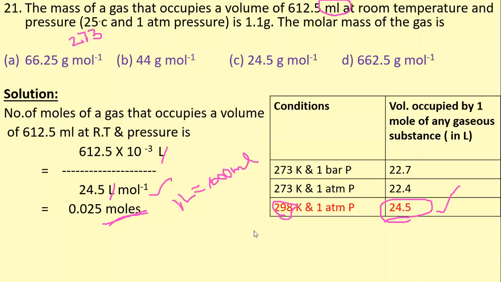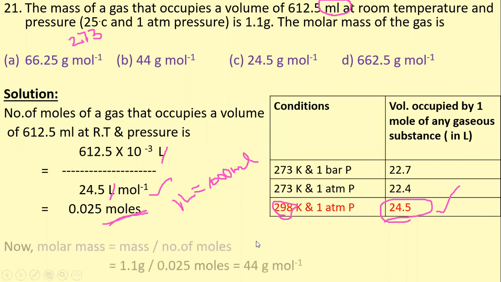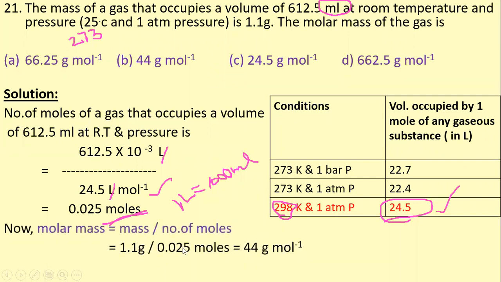Among this, we can check with the molar mass. The molar mass of the gas is given by mass divided by number of moles. The mass given in the question is 1.1 gram, divided by the moles we calculated in the previous step.